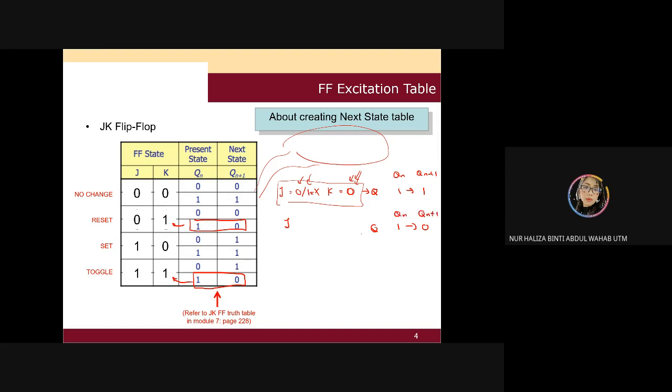Okay, for here, I have J equal to 0 or 1, or we can call it X, and the K here remains 1. So what is the truth table that I can do? Maybe just now I have here Qn plus 1.